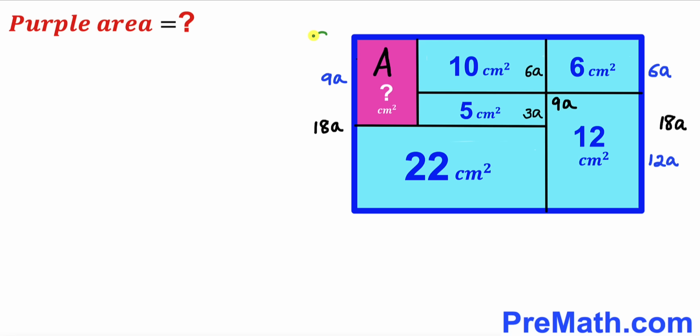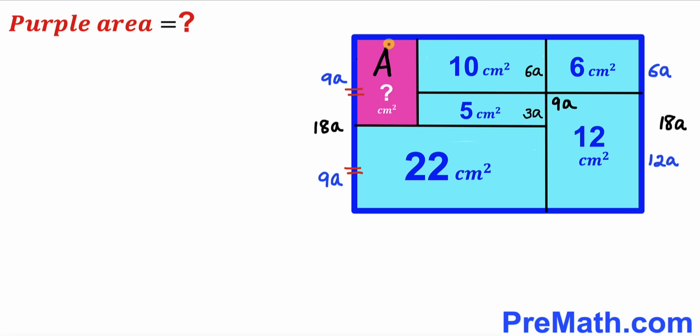And we know that this whole side length is 18 times A. So this remaining side length is going to be 18A minus 9A, which gives us 9A. So we conclude that this side length is equal to this side length, so these sides are the same.